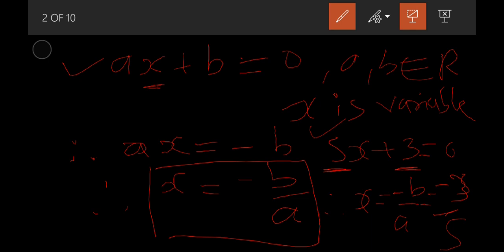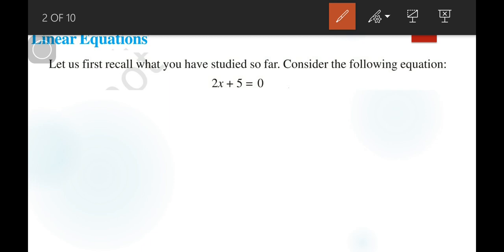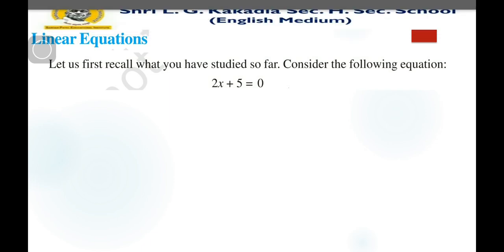In this way we have solved some examples in chapter number 2. Now we are going to discuss linear equations in two variables. That was an example of a linear equation in one variable. So here we are going to discuss the linear equation in two variables.